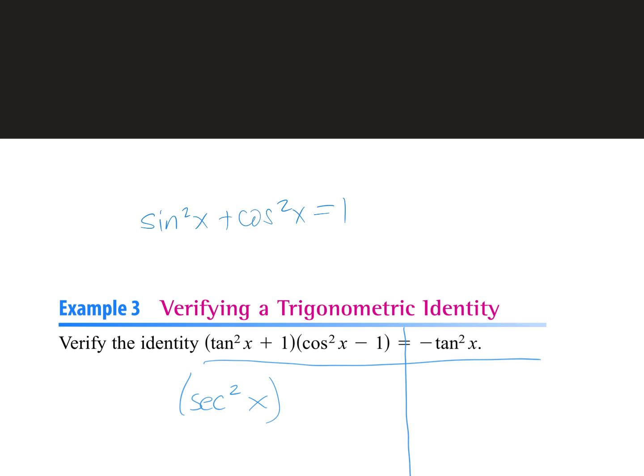What happens if I just move the cosine over? What does that become? 1 minus. But I don't need it to say 1 minus. I needed to say cosine minus. So do you guys agree with me? If I move this cosine over, I have sine squared x equals 1 minus cosine squared. You guys agree? Are those two things equivalent? No. But there's got to be some way you can do it.